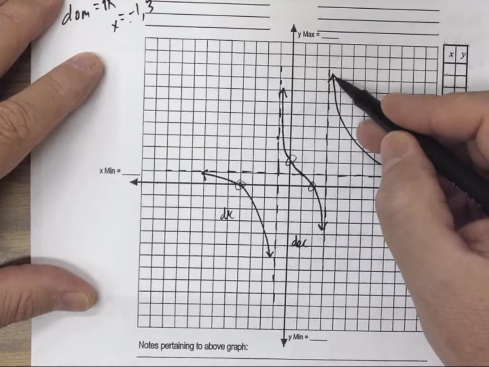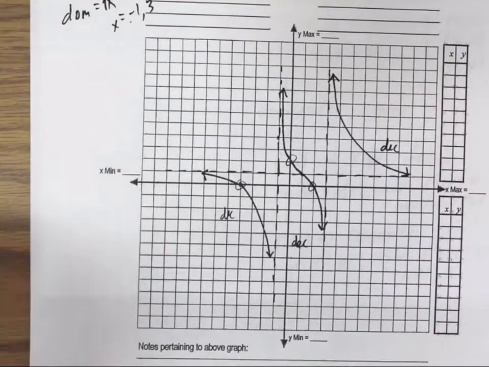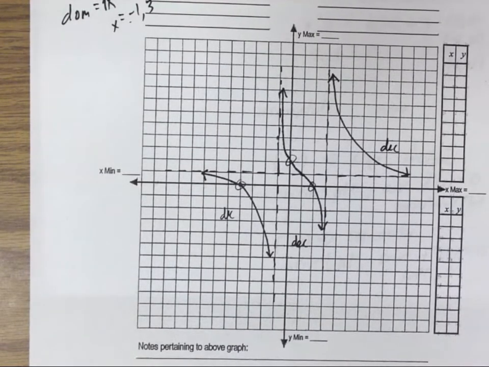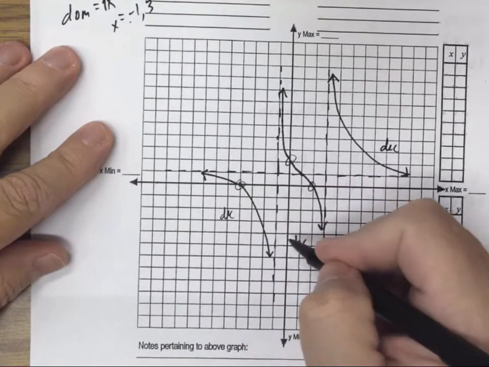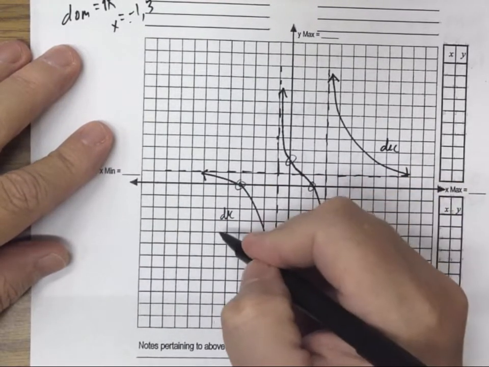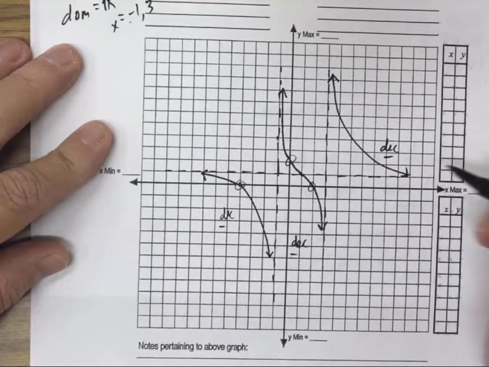And the third part of this graph, as I move from left to right, looks like all three parts of this graph are decreasing. If I were to look at the first derivative in these three regions, it'd be negative, negative, negative.